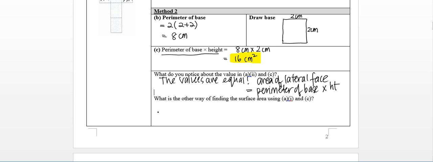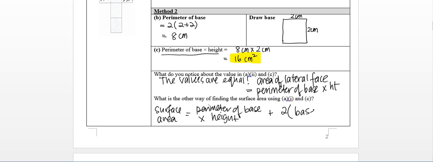Well, you should be able to tell me that the total surface area, or in this case, I just write surface area, will be equal to the perimeter of base times height, okay, and then you add it to 2 times the base.